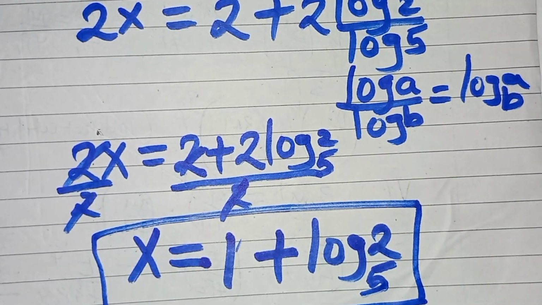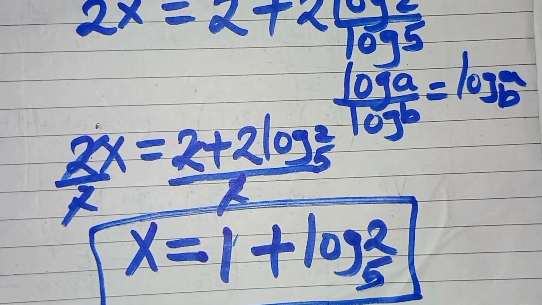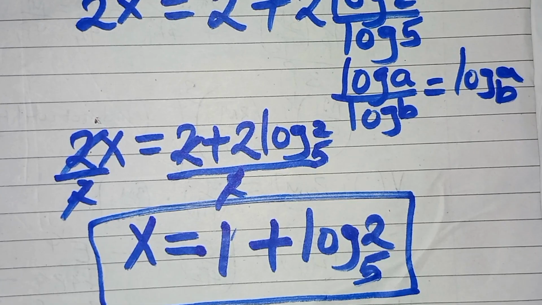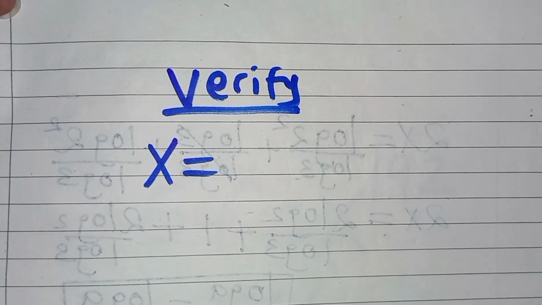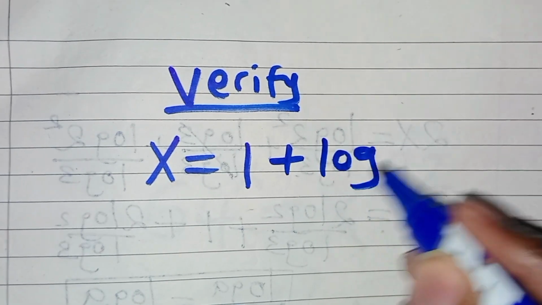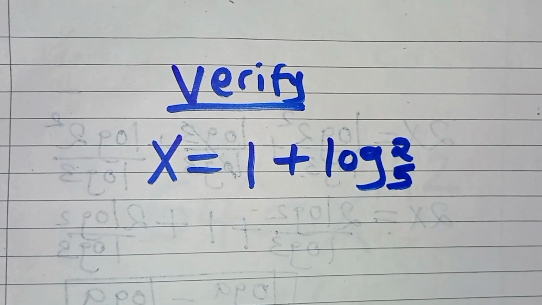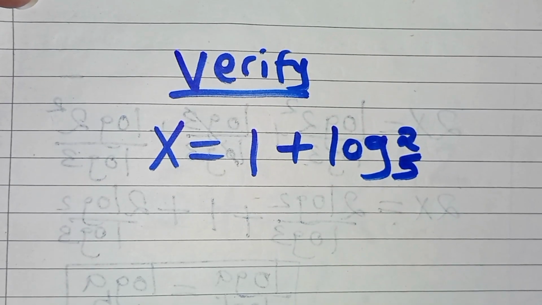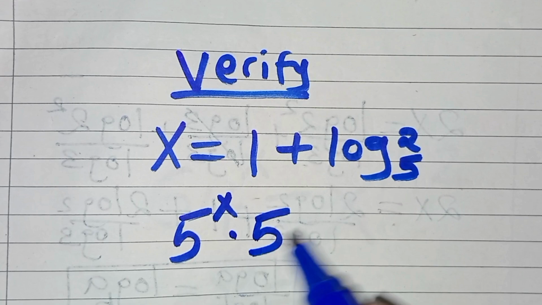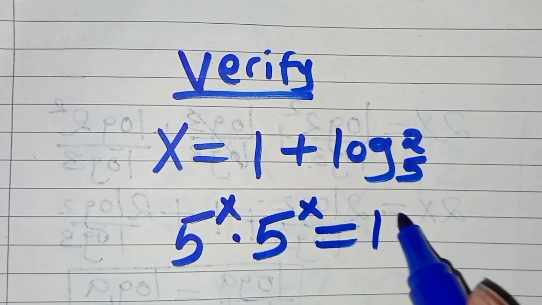Let's verify that this value of x actually satisfies the equation by following these steps. Now let's verify that the value of x, which is 1 plus log 2 to base 5, actually satisfies the equation. If you recall, we had that 5 to power x multiplied by 5 to power x is equal to 100.